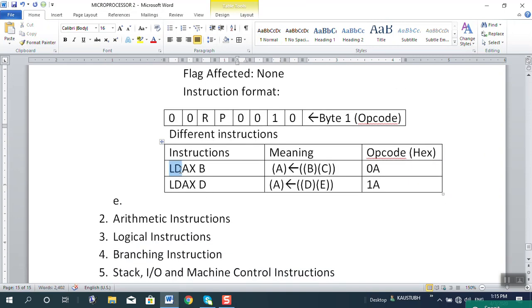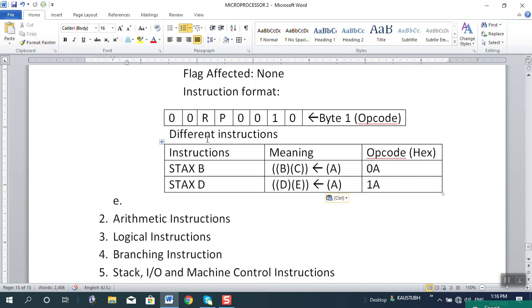So here it is STAX B and STAX D. For B, 00, that means it is 02, and for D, 01, so it is 12.